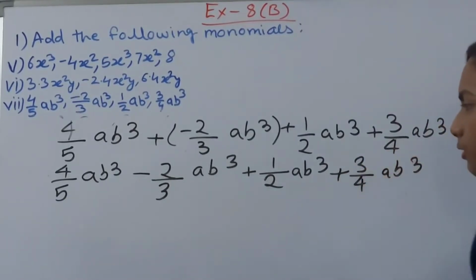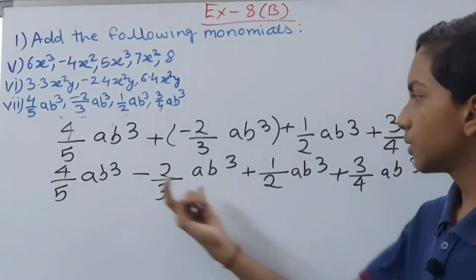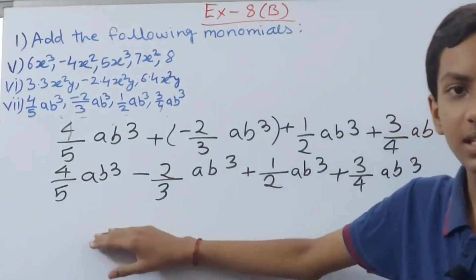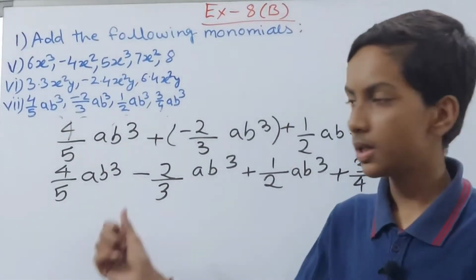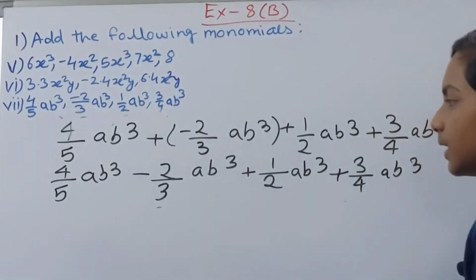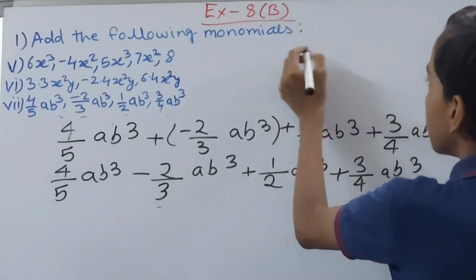Right, now you can see we have fractions here, so we need to find the LCM of the denominators of each of these fractions. This 5, 3, 2 and 4. Now we calculate their LCM. So I'll do it here only.